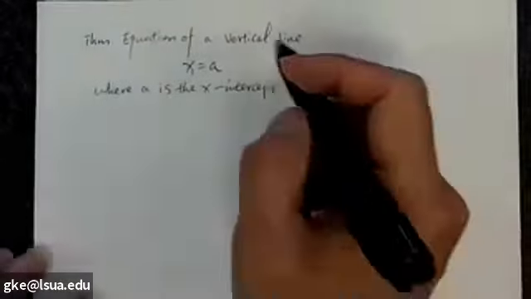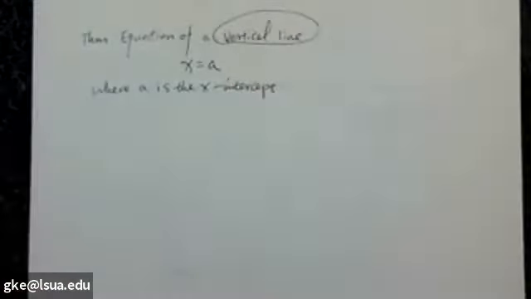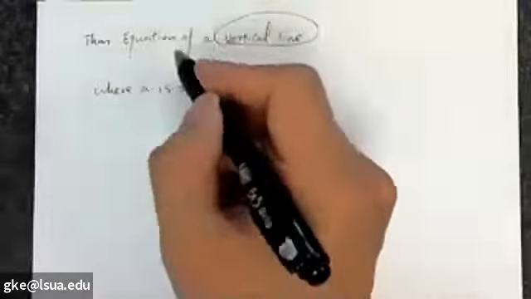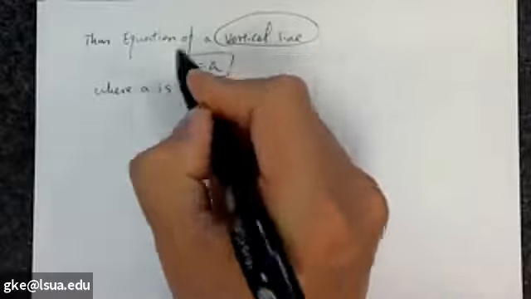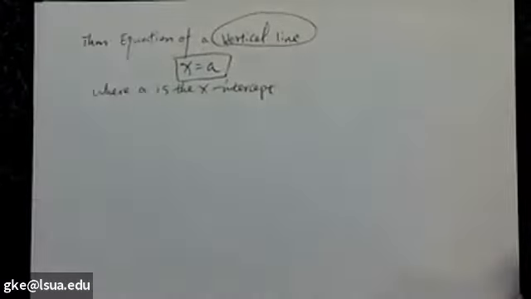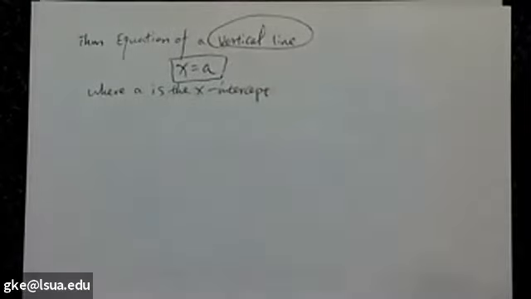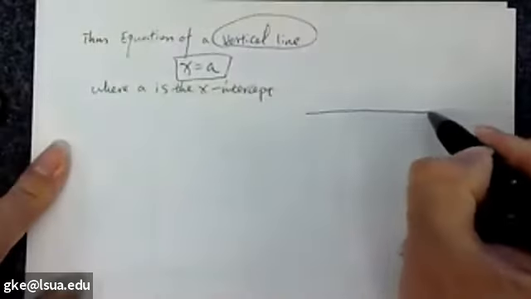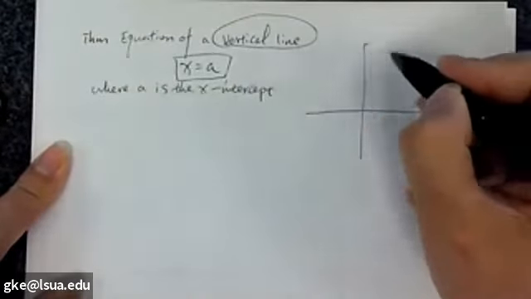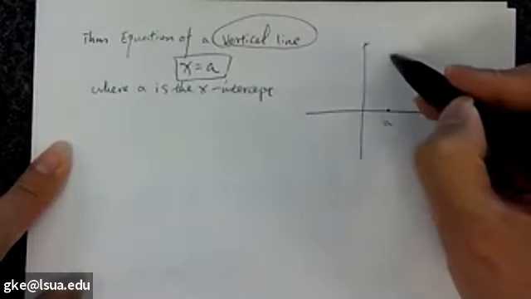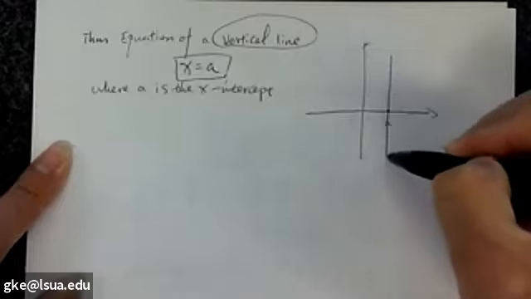The equation of a vertical line. Okay. And we defined the equation of a vertical line as x equals a. What does that mean? Let's draw a picture. We have a here, and the vertical line just crosses over a.